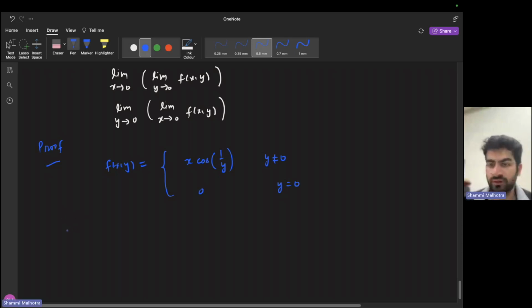So I will again consider the modulus of our function, |x cos(1/y)|. I know that the cos function is bounded above by 1.